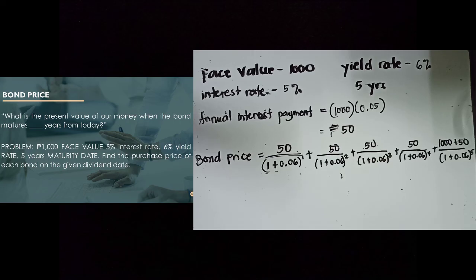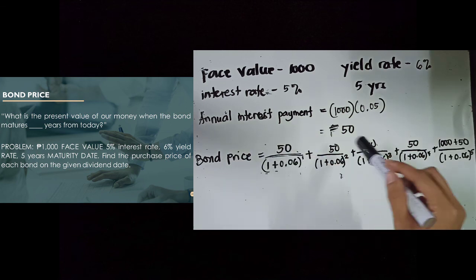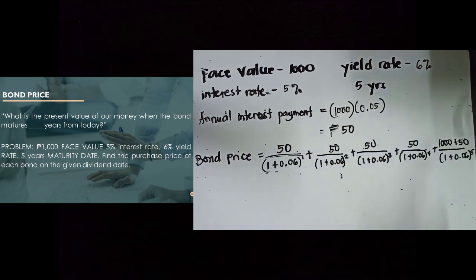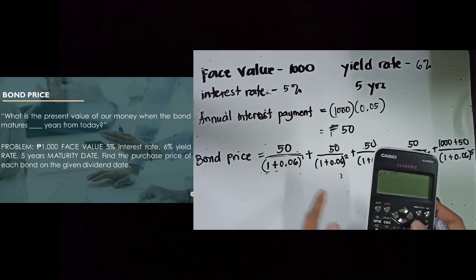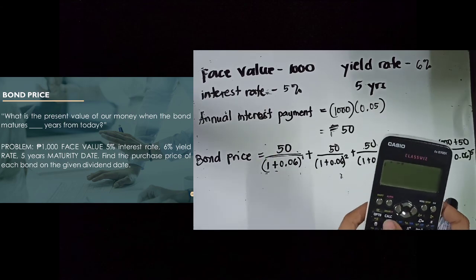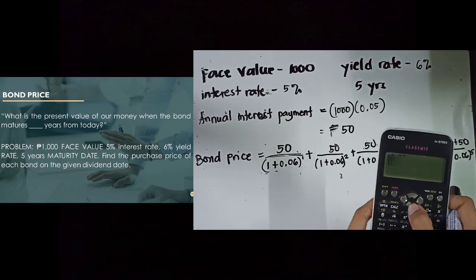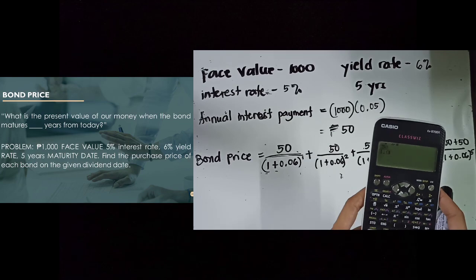Again, pagdating sa bond, meron ka natatanggap na interest regular. And kapag dumating na yung maturity date, matatanggap mo na rin yung principal, okay? Or yung face value. So ngayon, what is the bond price? So 50 divided by 1.06.